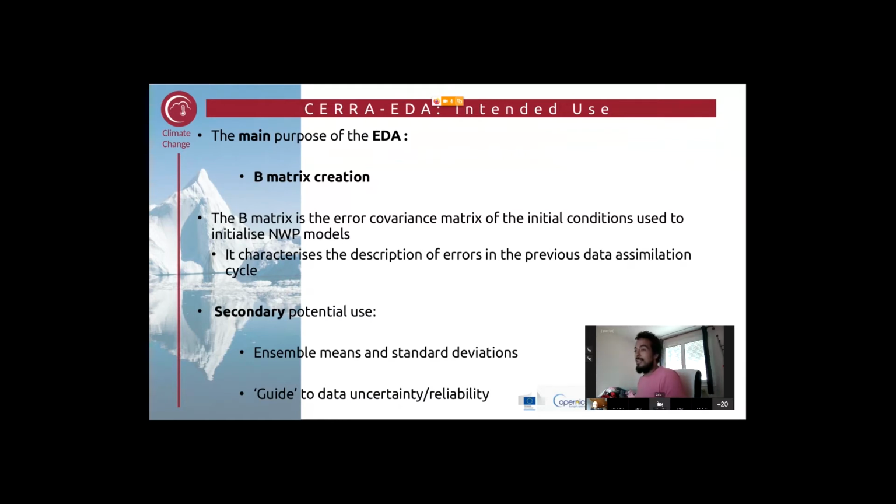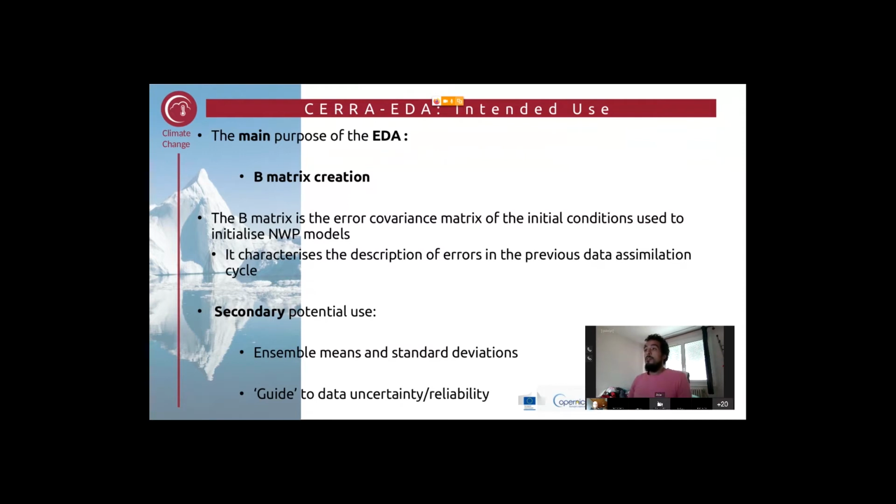But there is a possibility of a secondary potential use, and it can give us a rough guide to the uncertainty and reliability. I will go into that in the next part of the session.